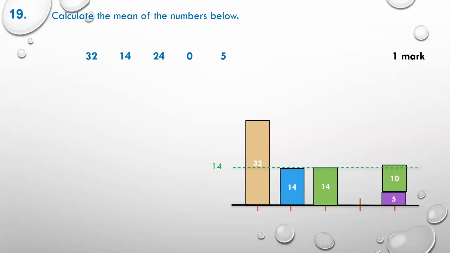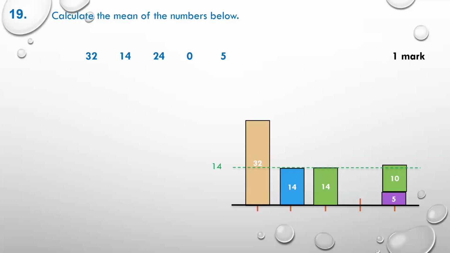What happens now? The second basket, let's call it that, has 14, so we're good. The third basket has 14. By the time we go to the fifth basket, well, it's almost 14. It's 5 and 10, 15. It has a little extra. If anything, we could always take out 1 to make it 14. Right? What else do we have to deal with?